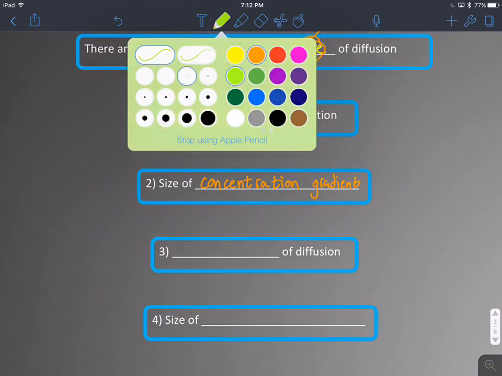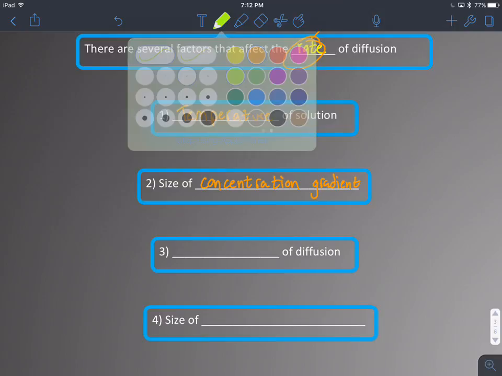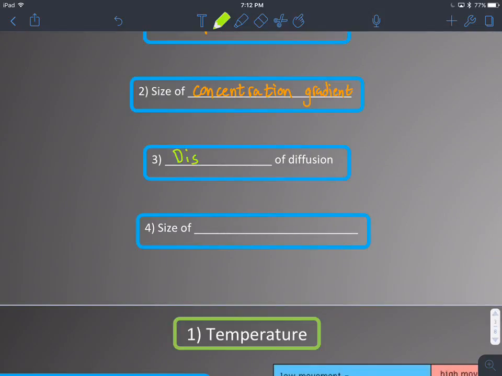Okay. Number three, how far does something need to diffuse? Okay, we're going to call this the distance of diffusion. All right, and then lastly, we want to look at the size of the particles diffusing. Okay, so there's four things.